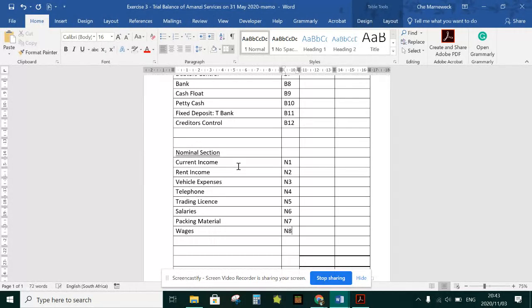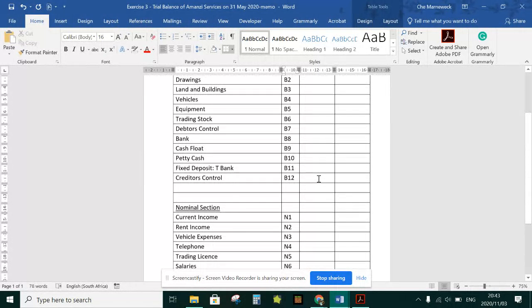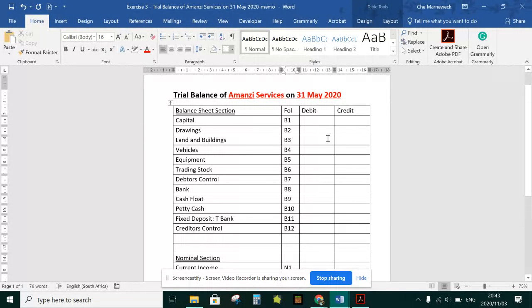Wages N8. Stationery N9. Rates and taxes N10. Now we need to decide, do we debit or credit?